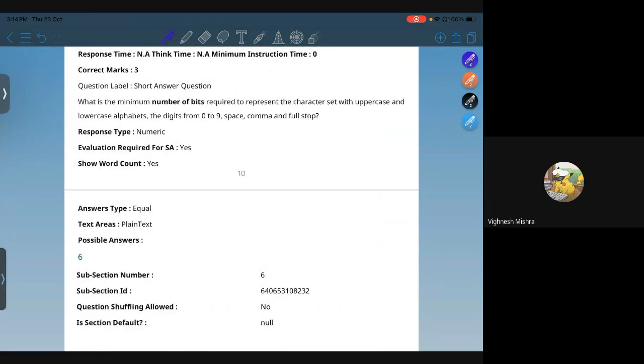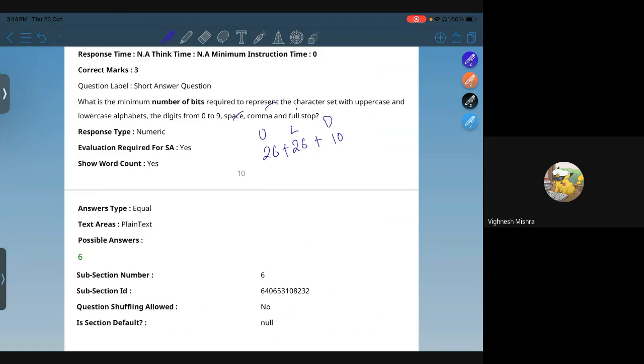What's the minimum number of bits required to represent the character set with uppercase and lowercase alphabet and the digit 0 to 9? So uppercase are 26, lowercase are again 26, and digits are 10.